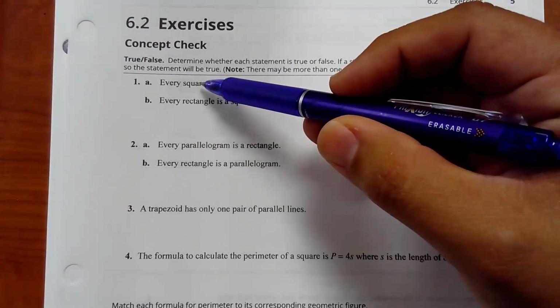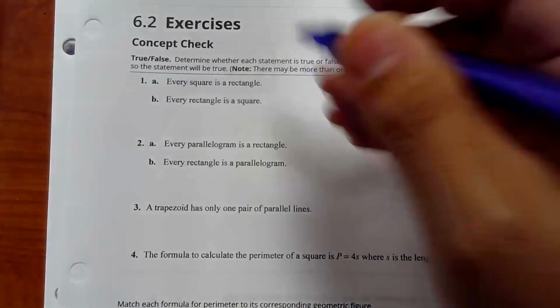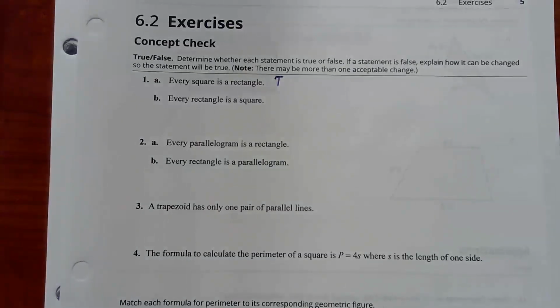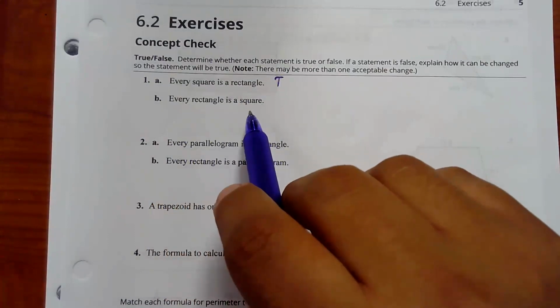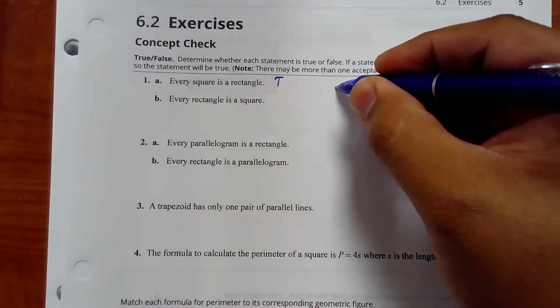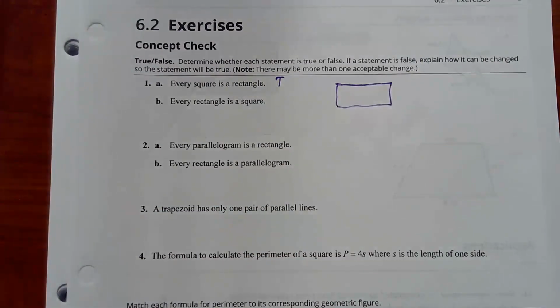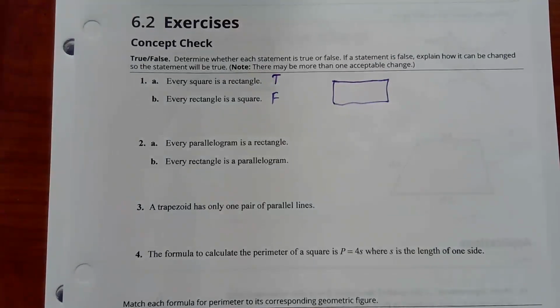A square is a 4-sided polygon, right? So yes, by definition, this is true. But here it says every rectangle is a square. Is that true? No, right away I can give you an example. This is not a square. That's a rectangle. It said all rectangles are squares. No.